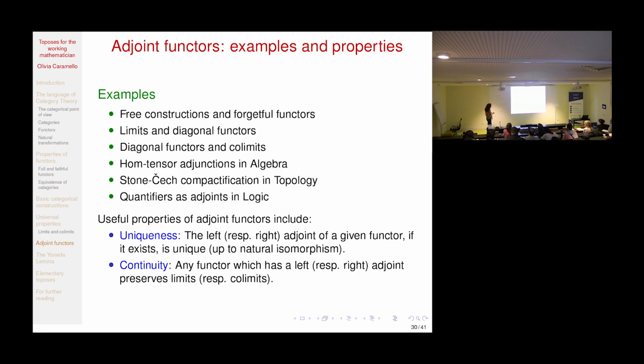Let's discuss the fourth example, hom-tensor adjunctions in algebra. This is another very interesting instance of adjunctions. Let's describe how it works. Last time I mentioned that when you build the tensor product of two vector spaces over a field, you are not so interested in the actual construction of this object.